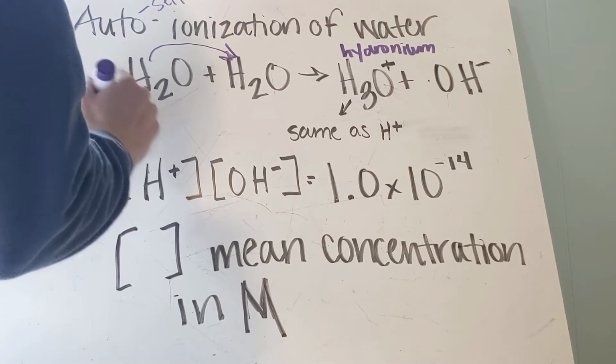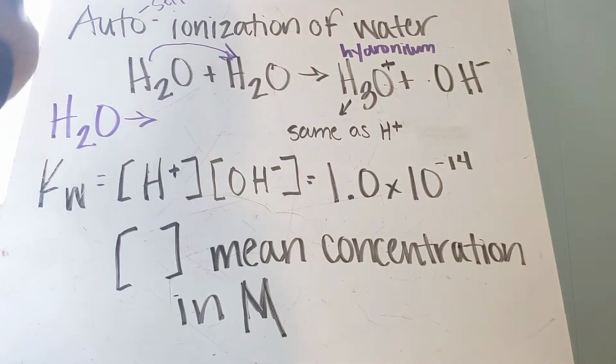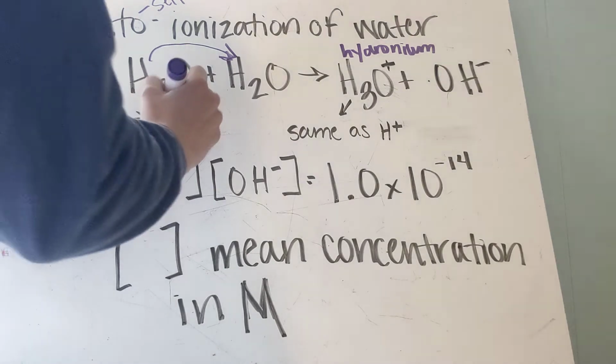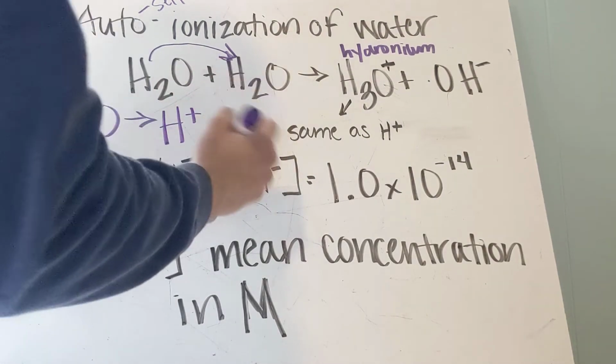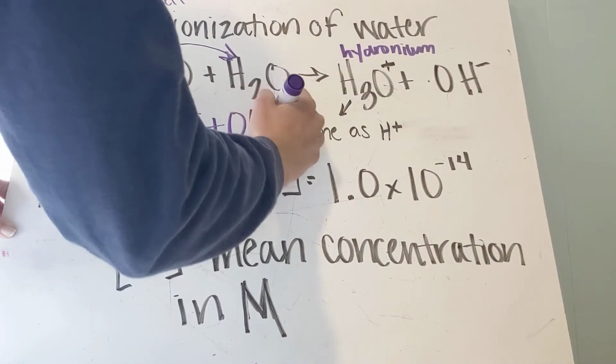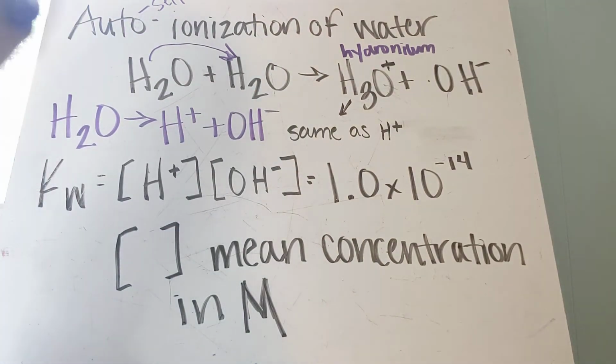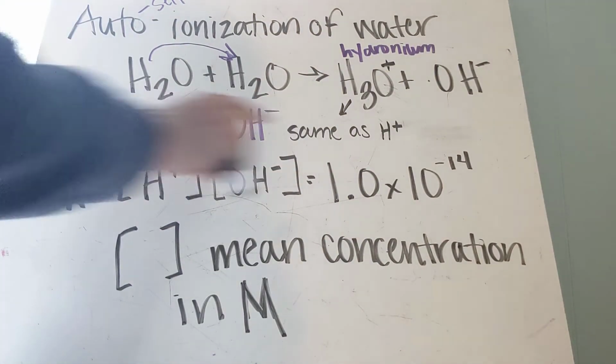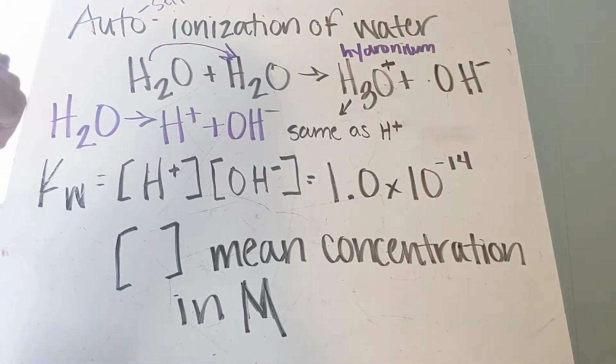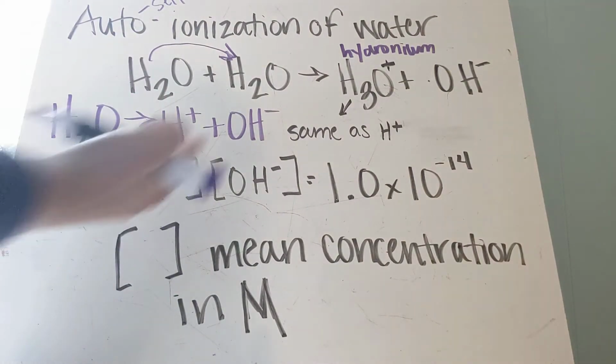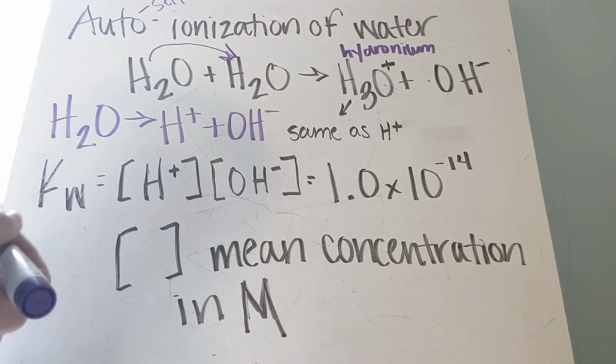We could show water just breaking apart and becoming H plus and OH minus. H plus and H3O plus are chemically the same, and we can use them for our purposes interchangeably.